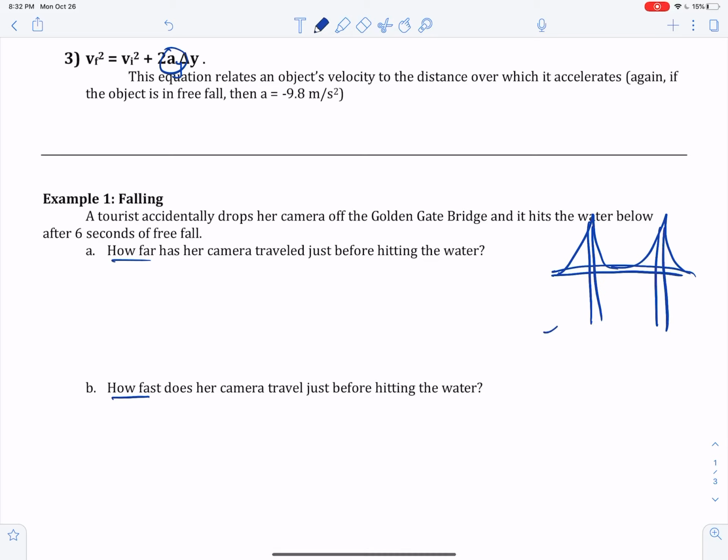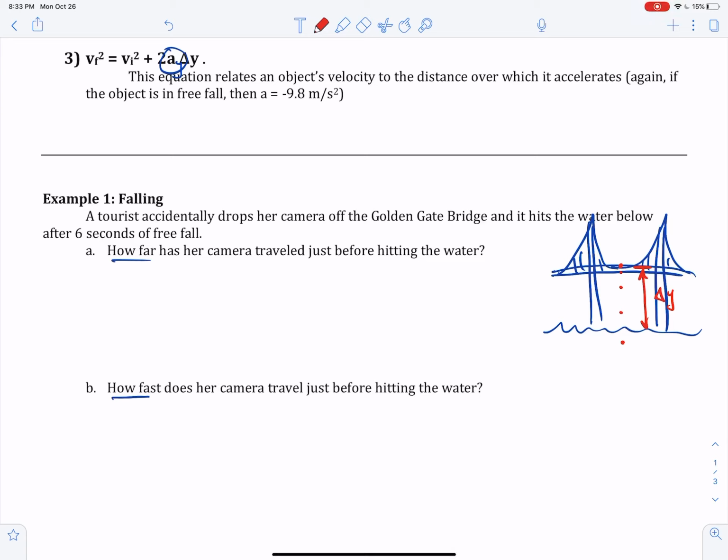And here's the water, right? And somebody drops their camera off the top. So the camera is maybe here, and then it falls below into the water, splashes down, okay? So how far has our camera fallen just before hitting the water? So in this first question, we want to know this distance, right? Delta y.